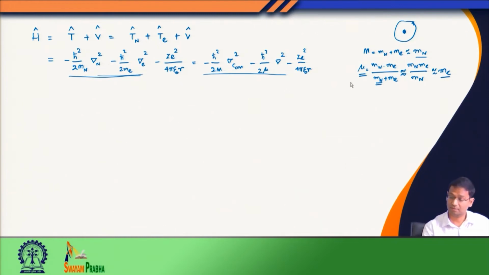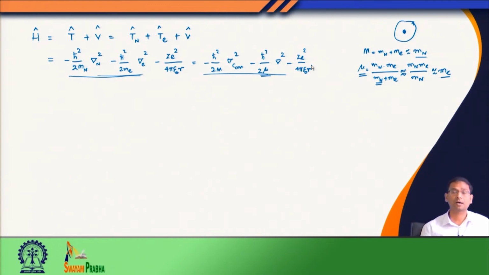So, when I write this term, this talks about the kinetic energy corresponding to the electron, this term corresponds to the kinetic energy of the nucleus, and this term of course, we know the Coulomb interaction between the electron and the nucleus. So, this is the picture that we had for hydrogen atom.